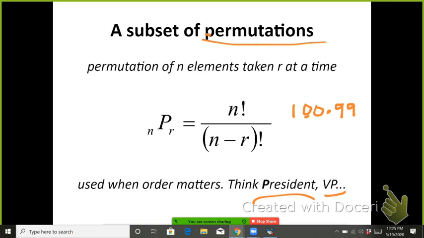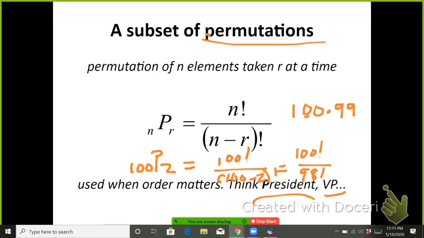In permutation talk, that would be 100P2. Out of 100 people, choose 2 people, and the order matters. That's why we use P there. So that would look like this: 100 factorial over 100 minus 2 factorial, which is 100 factorial over 98 factorial. If you expand that out, the 98 times 97 times 96 will all cancel out, and it would equal 100 times 99.